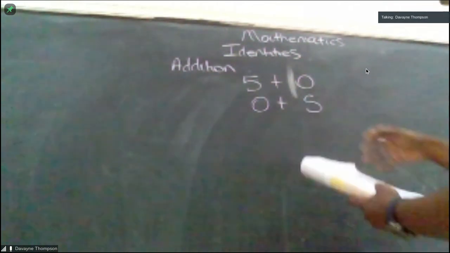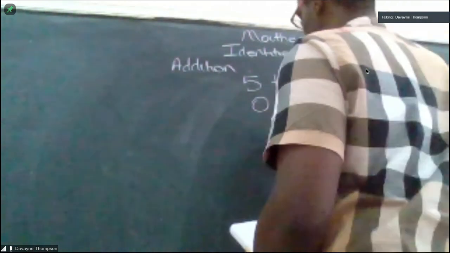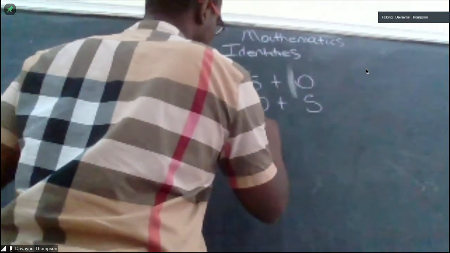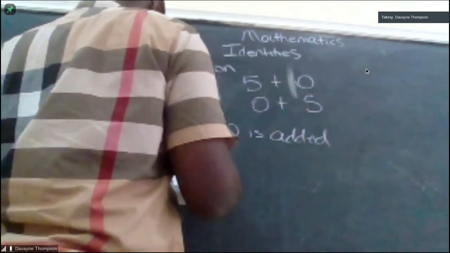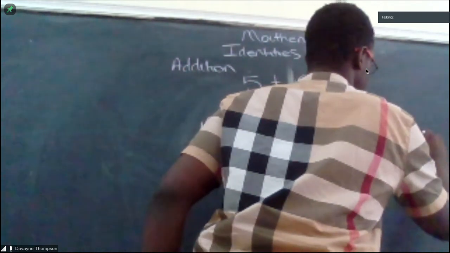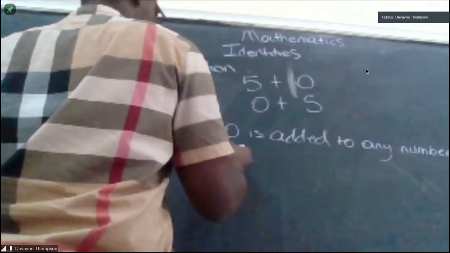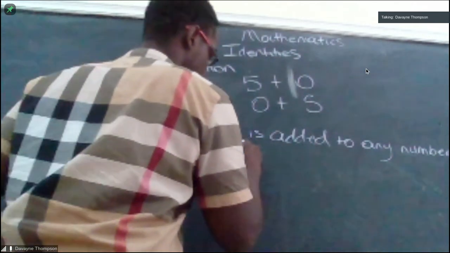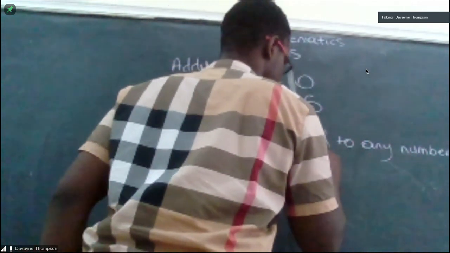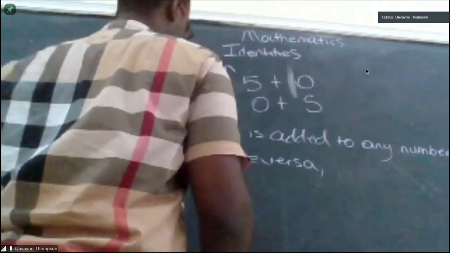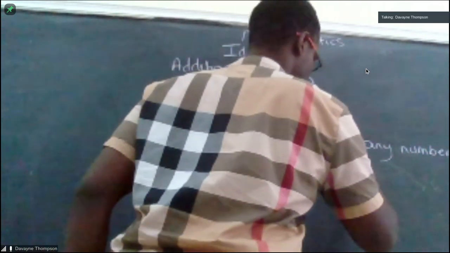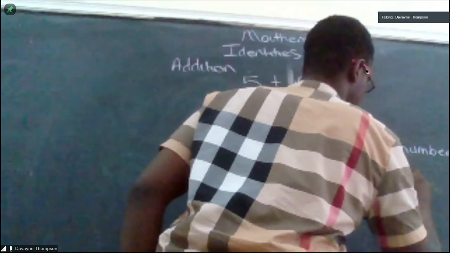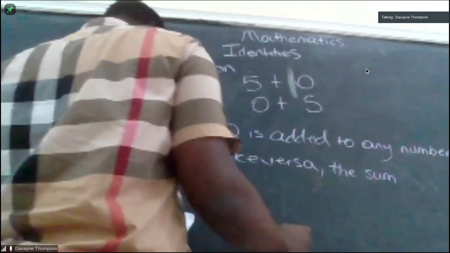So therefore, addition has an identity that says if 0 is added to any number, or vice versa, comma, the sum is the number itself.